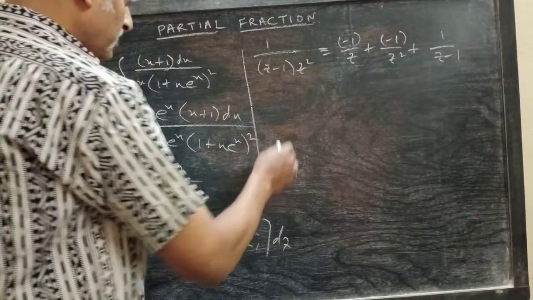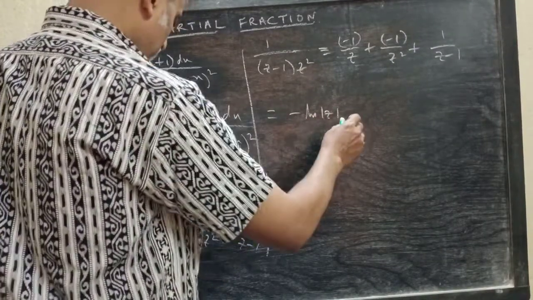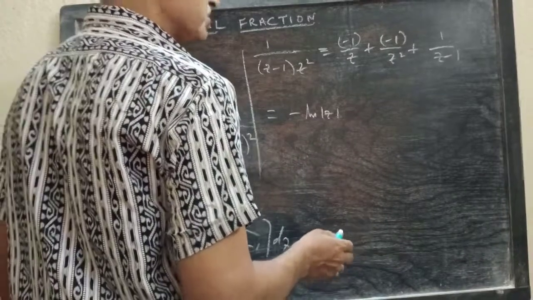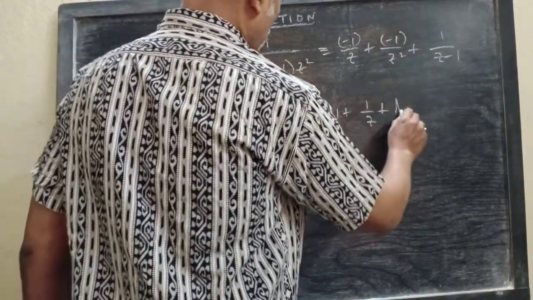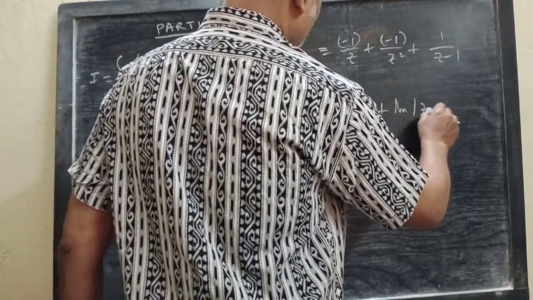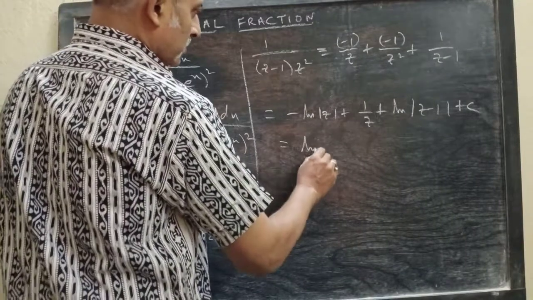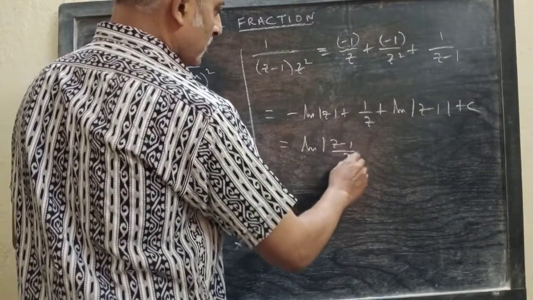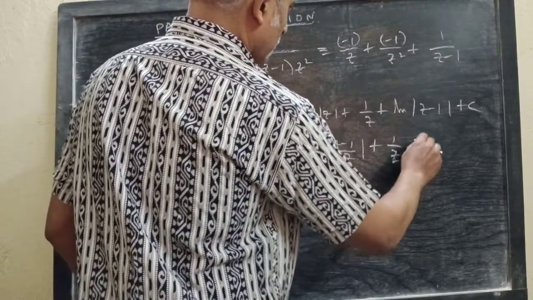So this is readily integrable. This will be minus ln of mod z, then minus 1 by z, that is plus 1 by z, plus ln of z minus 1, plus c. You can simplify them: ln of (z minus 1) by z plus 1 by z plus c.